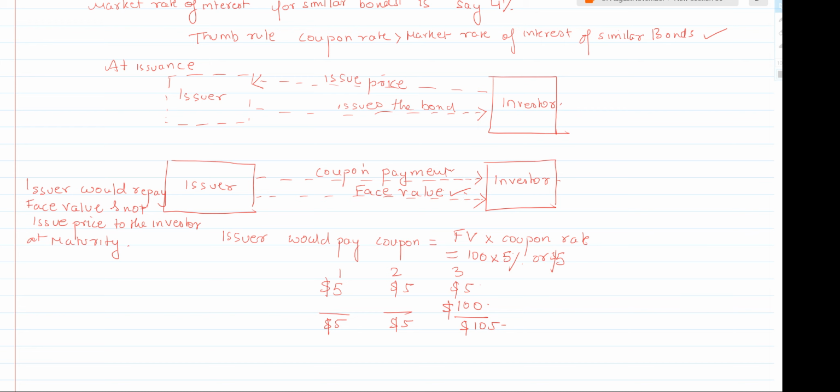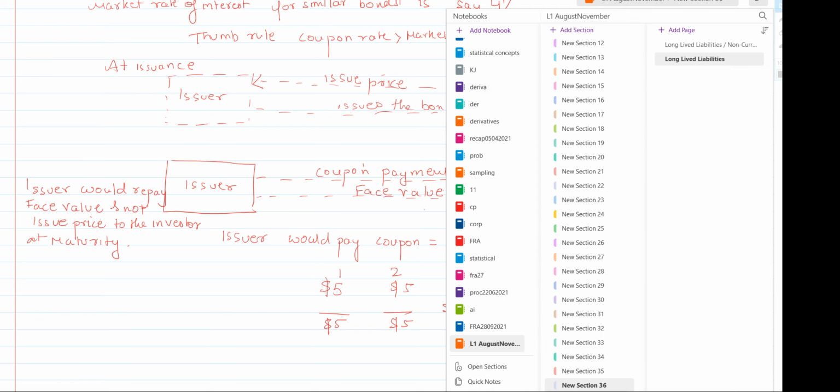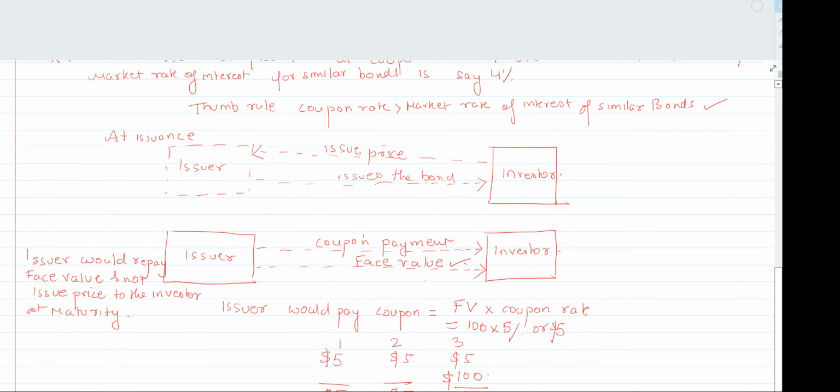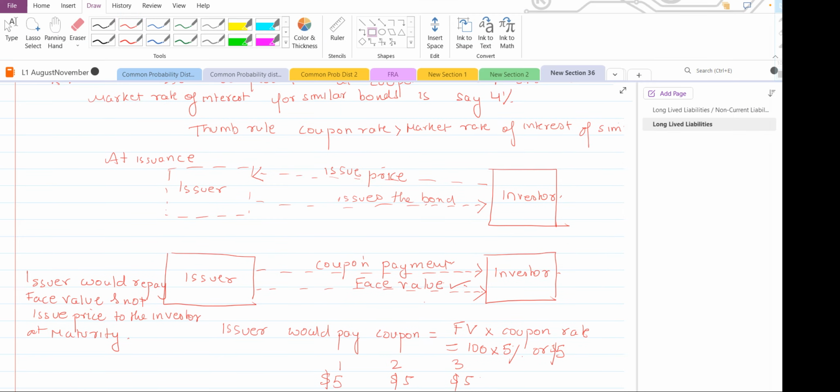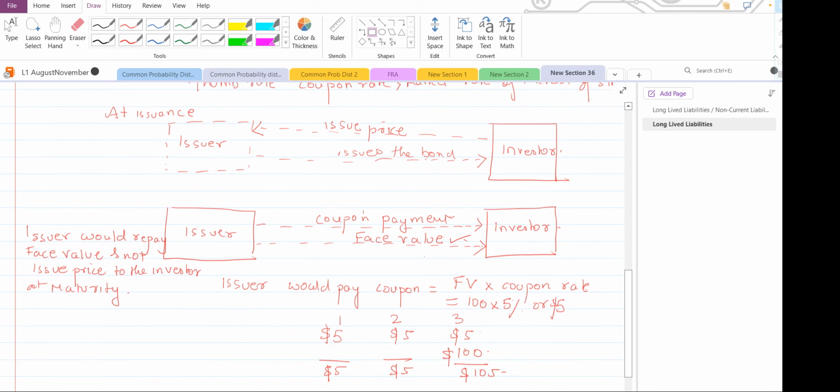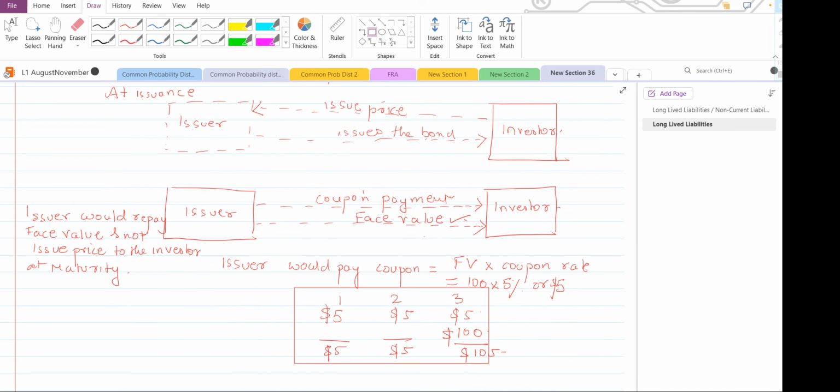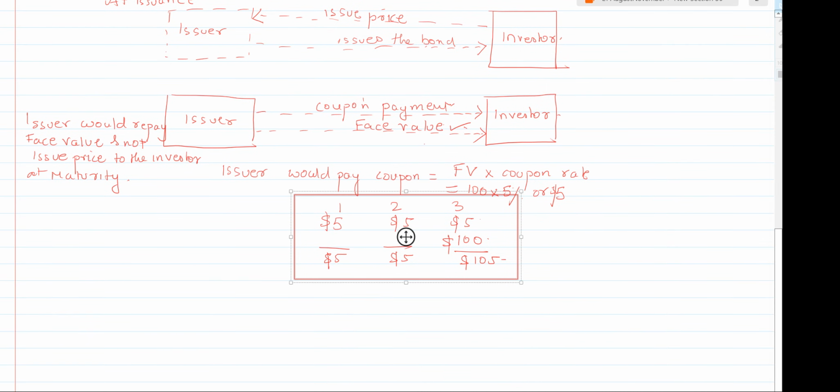So guys, this is how the cash flows would look for the investor. These are the cash flows that the investor would receive during the life of the bond.